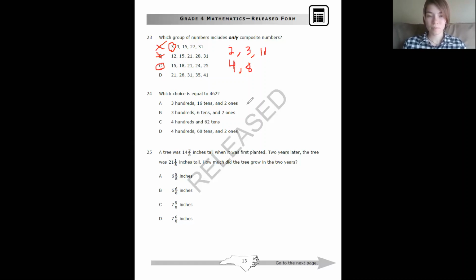Number 24, which choice is equal to 462? Okay, so if we look at the place values for 462, we know that we have 2 1s, we have 6 10s, and we have 4 hundreds.